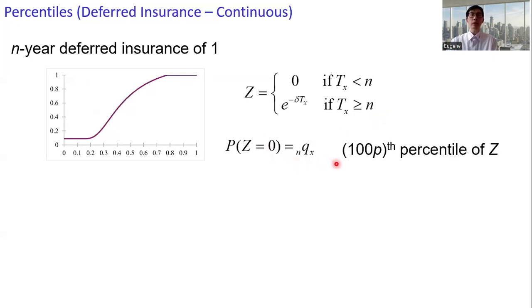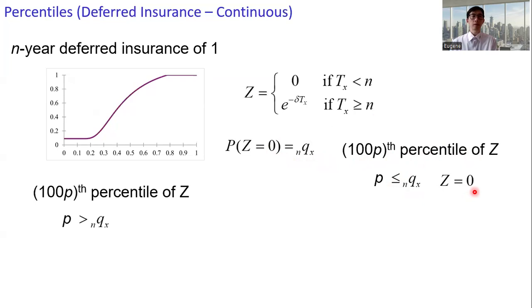That is, to get the 100 times pth percentile of Z, if p is less than or equal to nqx, then Z is 0. What if p is greater than nqx? The CDF equals the probability that Z equals 0, which is nqx, plus the probability that Z is between 0 and z.